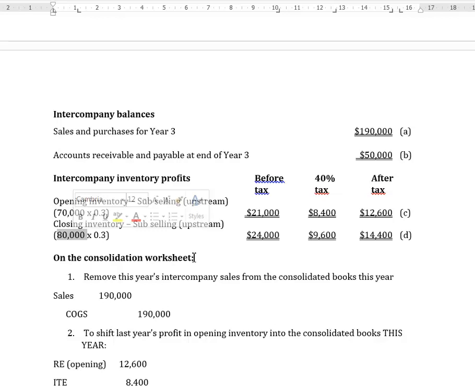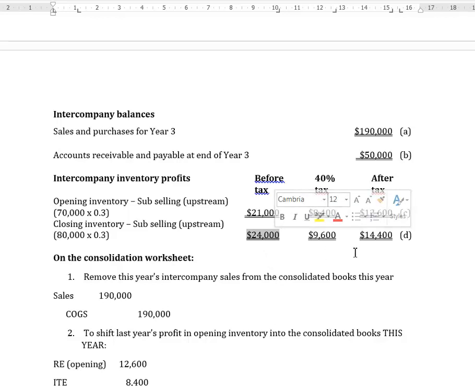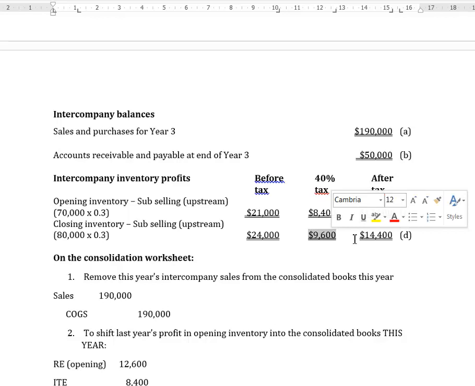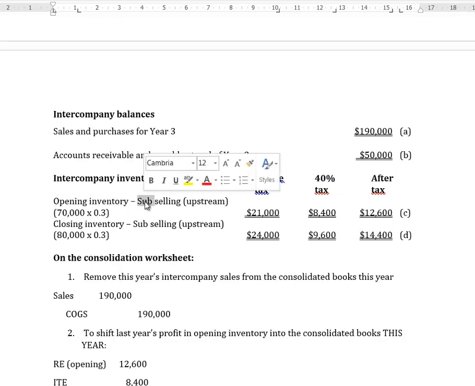So what we need to do here is eliminate from the consolidated books the $24,000 in pre-tax profit, the tax expense, as well as the after-tax profit that at this point in time would be sitting on the sub's income statement. Notice here when we're doing an intercompany profit analysis, we always show who the seller is.